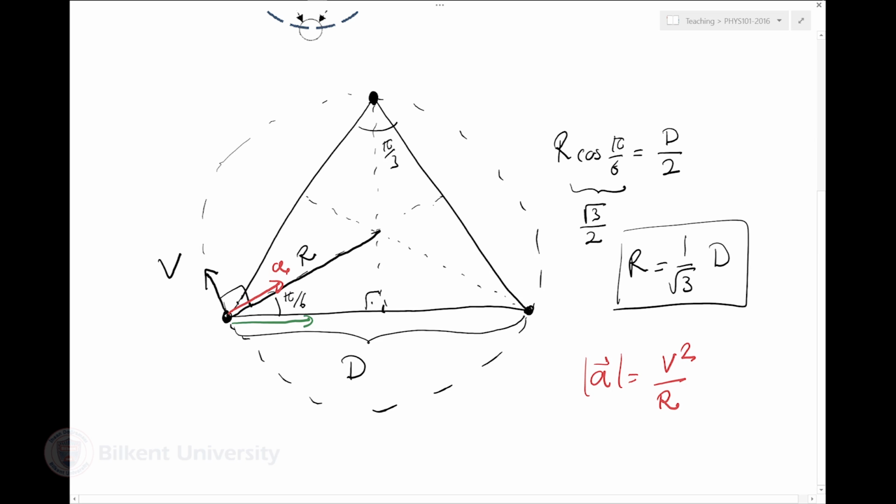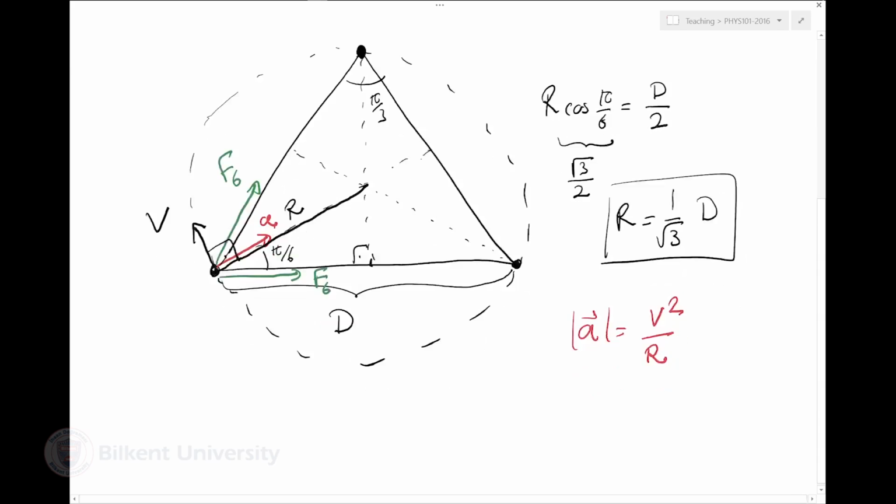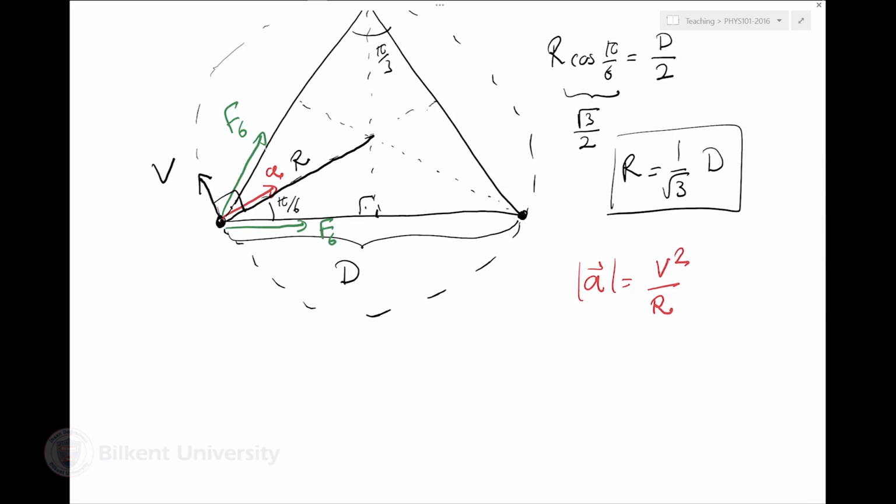So here will be a gravitational attraction force, and here will be a gravitational attraction force between these 2 bodies. What was our rule for the gravitational attraction? It acted on the line connecting the 2 masses, right? So, what is the net force acting on this mass? The net force is a combination of these 2 vectors. It's a vector addition of these 2 vectors.